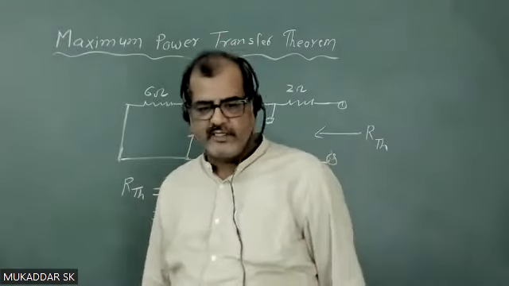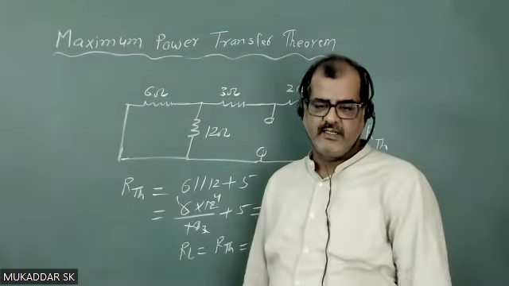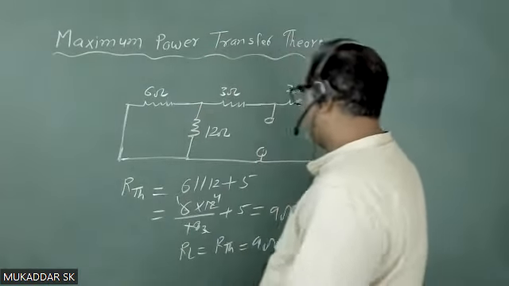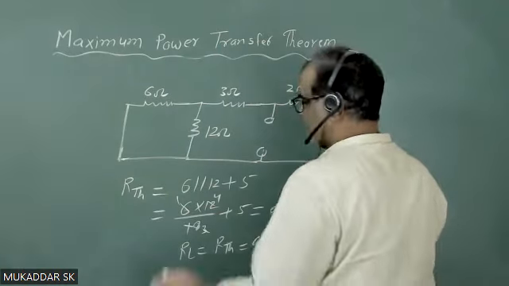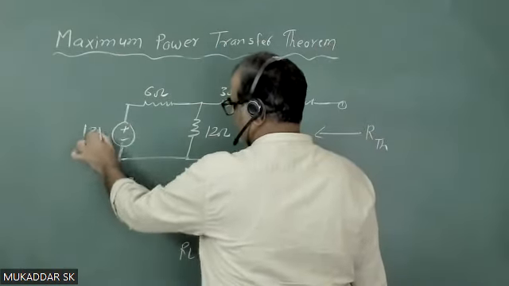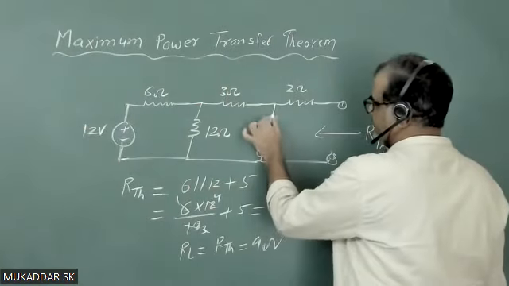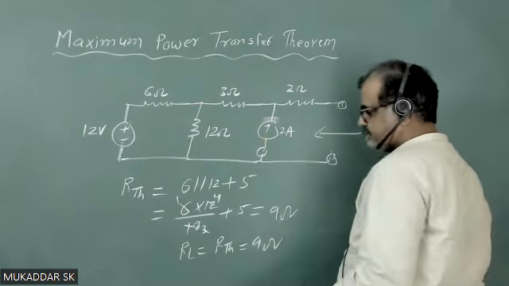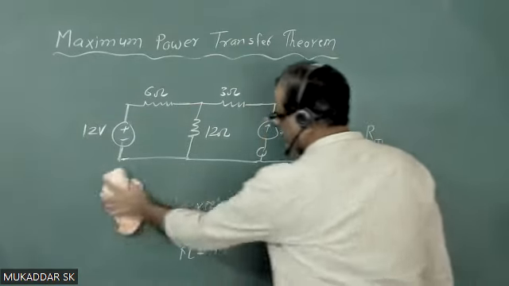Now if I want to calculate the value of maximum power, I also need to calculate the V Thevenin. Okay. And we know how we can calculate V Thevenin. This is a 12 volt battery, and here we have a 2 ampere current source.